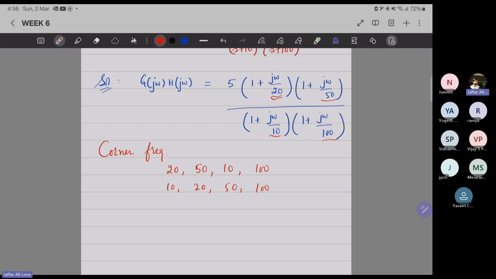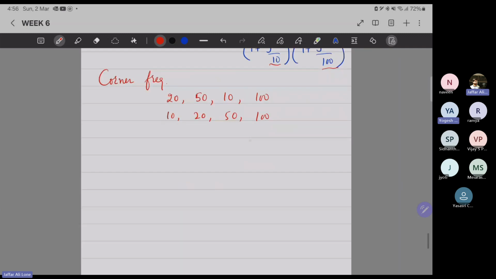So what you do, because the graph will be something like this. So this will be magnitude in decibels, and this will be omega. Then again we will have phase, then we will have omega. So then you have corner frequencies, for example, 10, 20, 50, and 100.